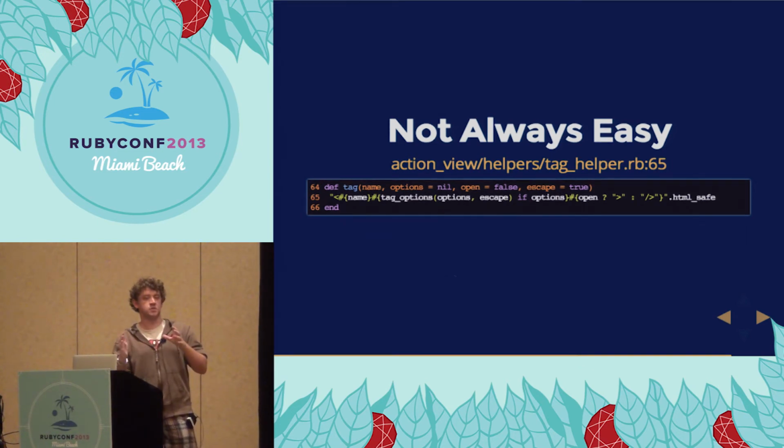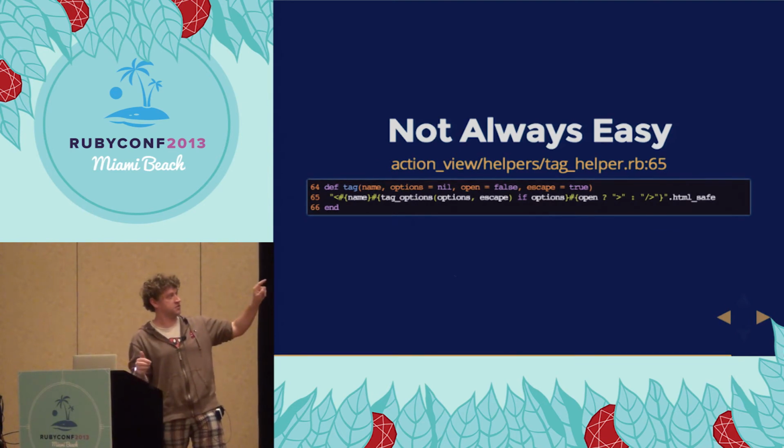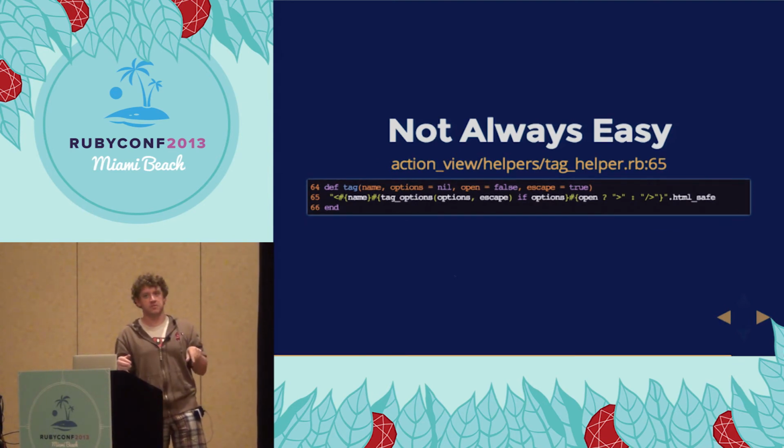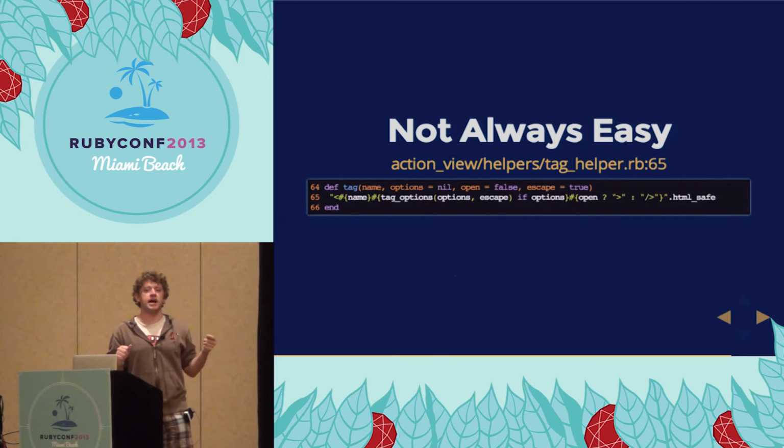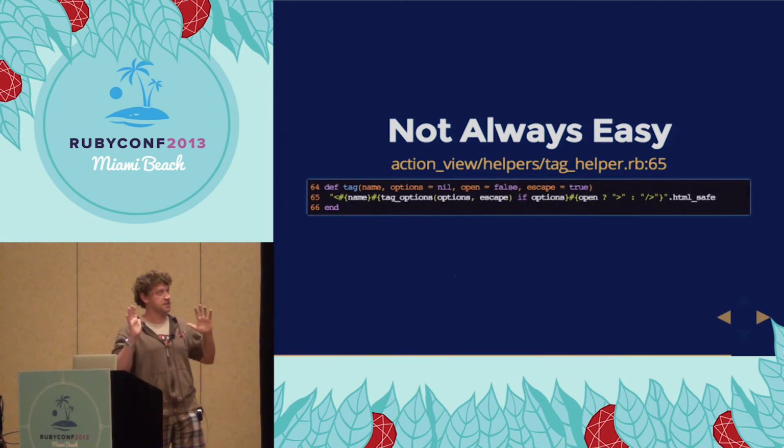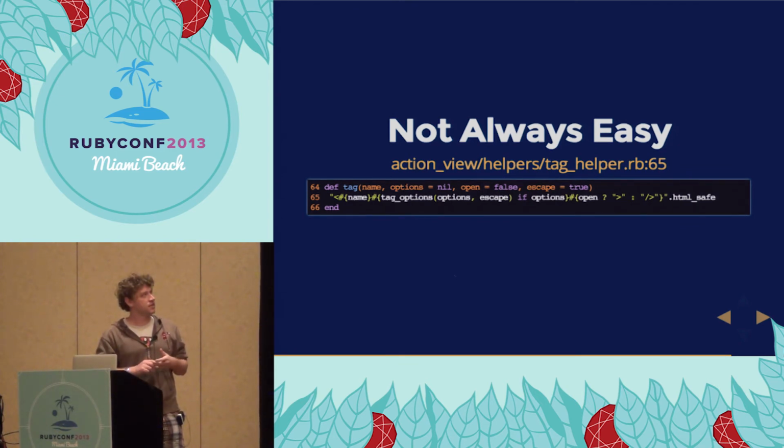And then it has to decide whether to open or close, or to leave the tag open or close it. So over on the right, you see it's either a right bracket or /right bracket. So all of those are strings that every single time tag is called, those strings have to be allocated again, every single time. And so this is, again, it's not easy how to solve this.